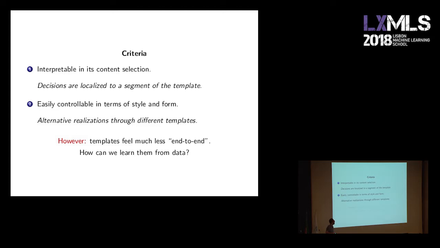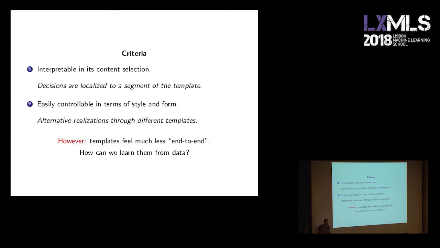And I'd like to do it in such a way that I can get decisions that are localized to each segment of the template. And I would like to have alternative realizations by just simply picking a different template with the same source. And I'd like to do this in a kind of end-to-end way where I actually can learn these template structures from data.